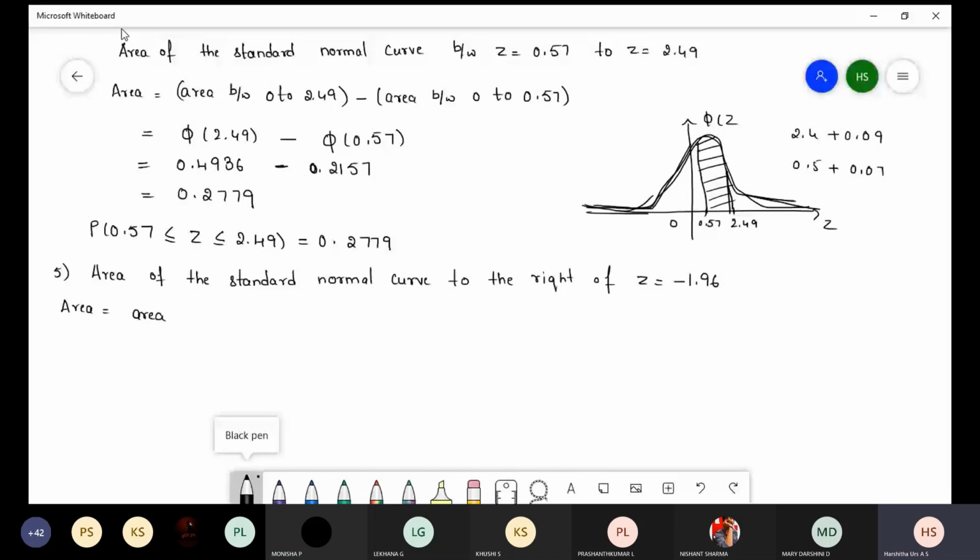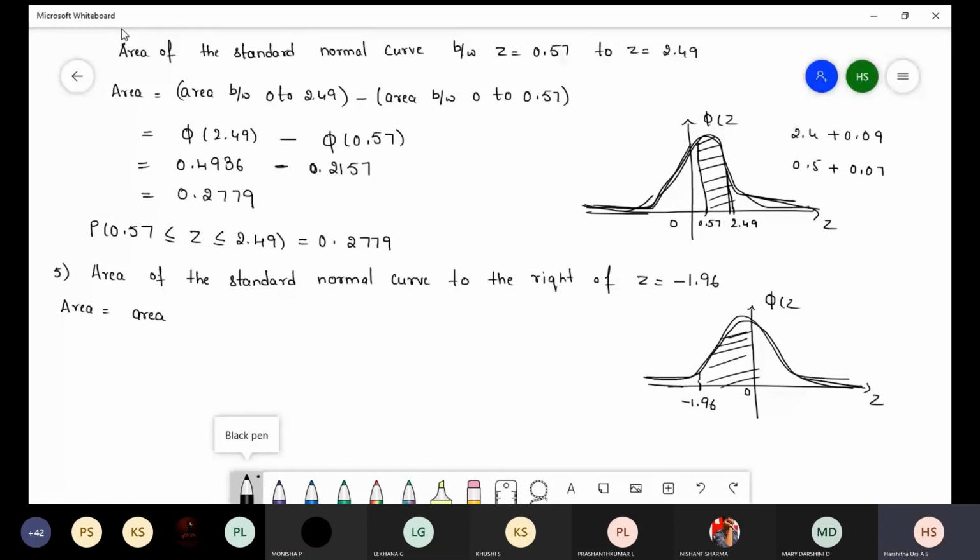Here 0, Z, phi of Z. Minus means somewhere here I will write minus 1.96. Draw a curve. Now here we have to find the area right of Z is equal to minus 1.96. This is the area. So how we have to write that one?